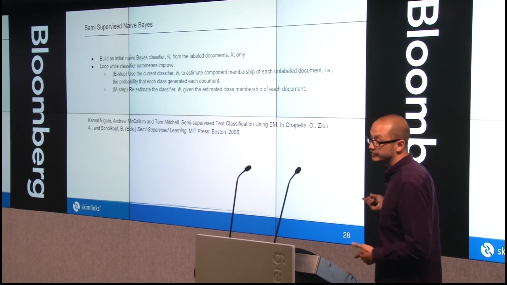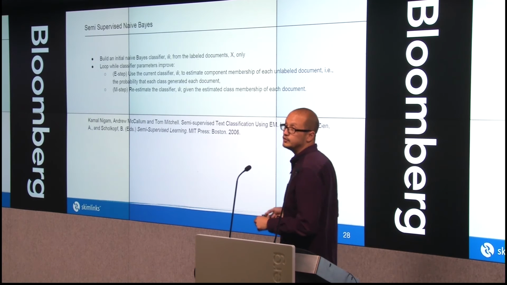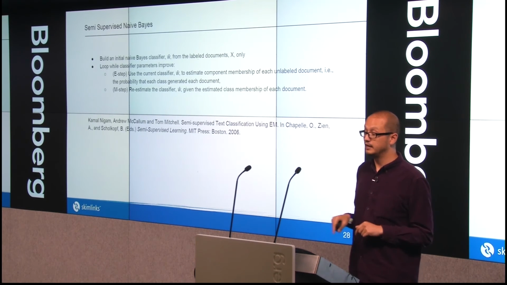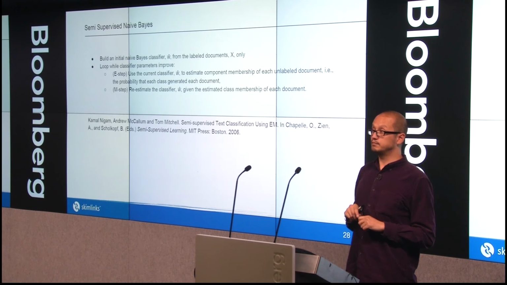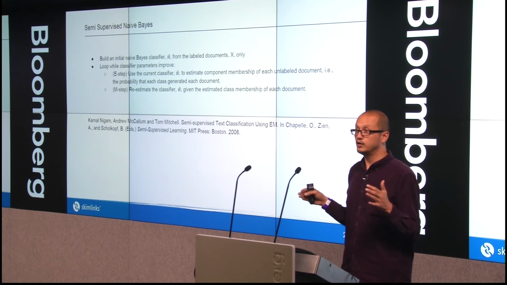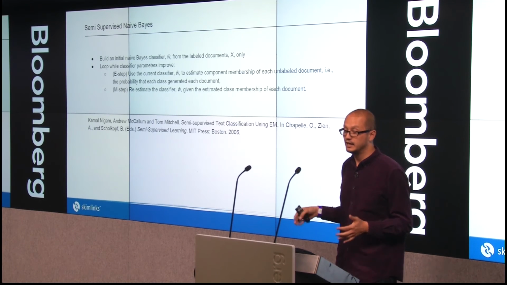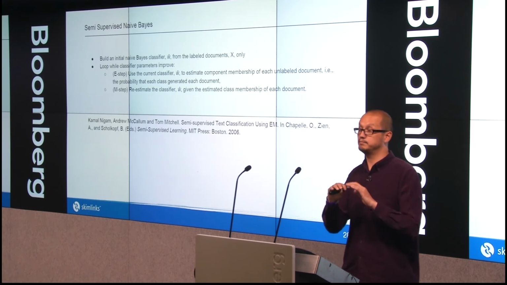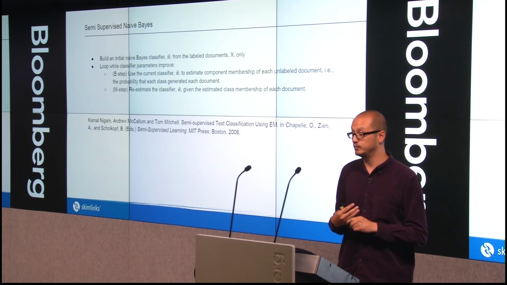But all you're really doing is in the E step, the first step, you just run naive Bayes on some labeled data, create the classifier, then do some prediction on all of your unlabeled data, and then treat your now labeled data as labeled data.